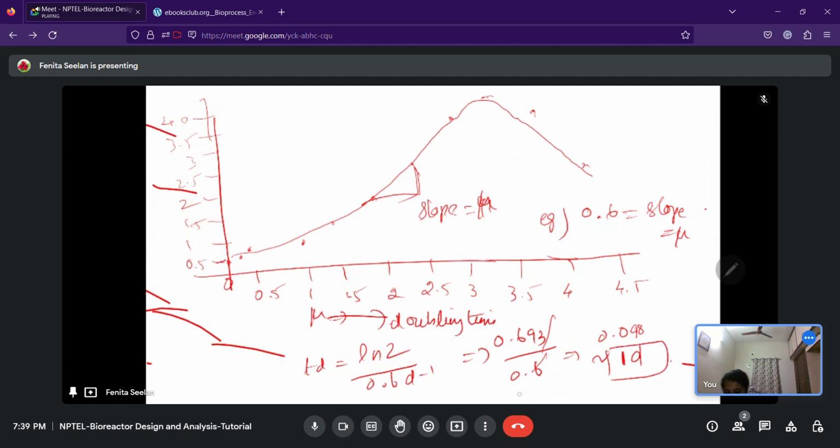So doubling time is 1 day. So that's all. This is how you have to solve. In the next class, if somebody can get a graph sheet, that would be fine.